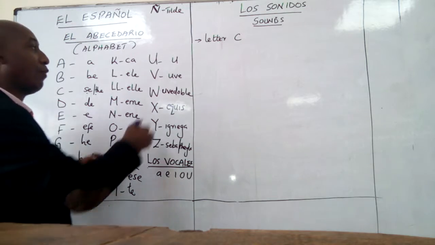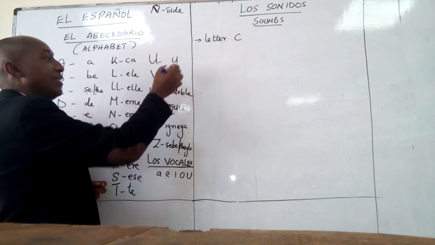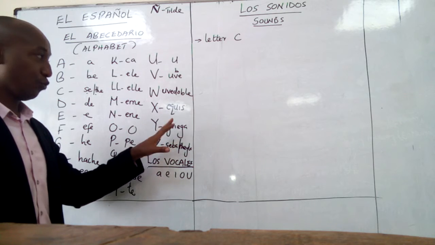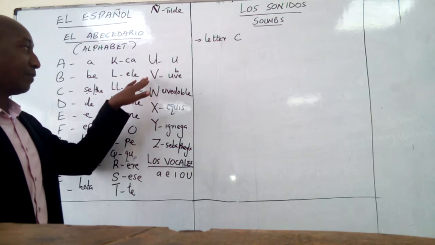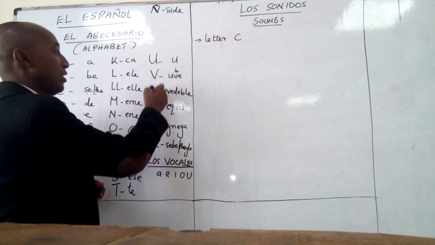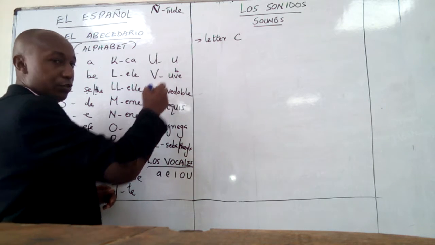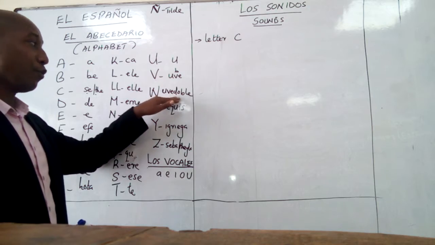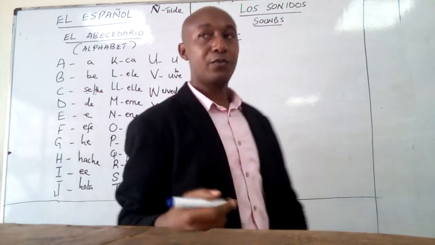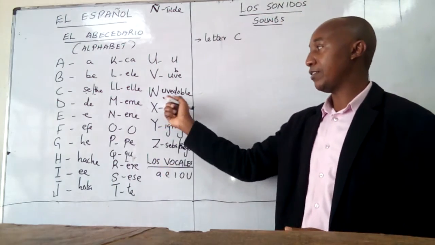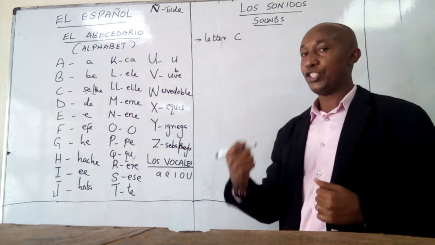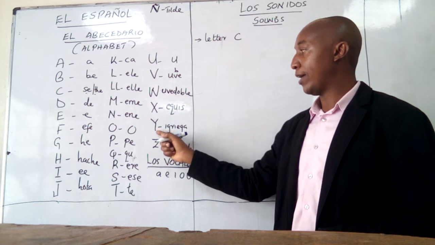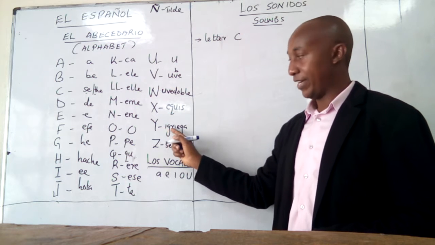So in this case, our V will carry what we call a B sound. Then W is made up of two V's, so that becomes Ube Doble, with the D taking what we call a TH sound. X is X, and Y is Y.